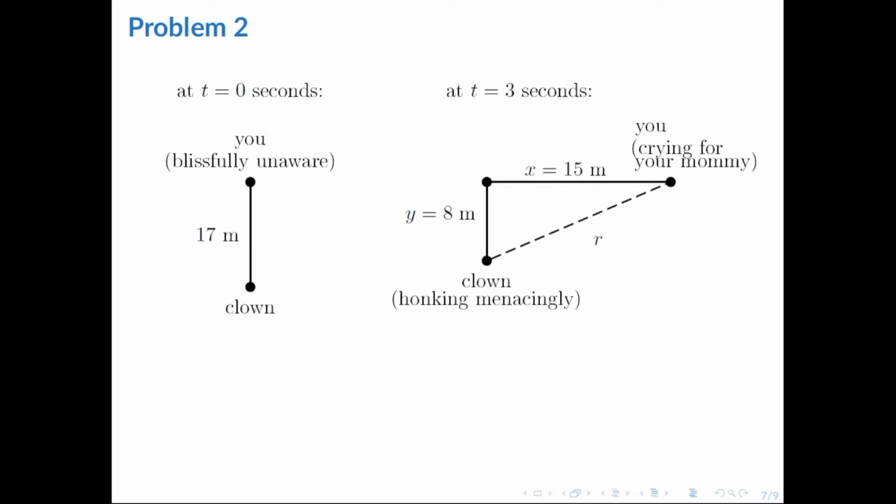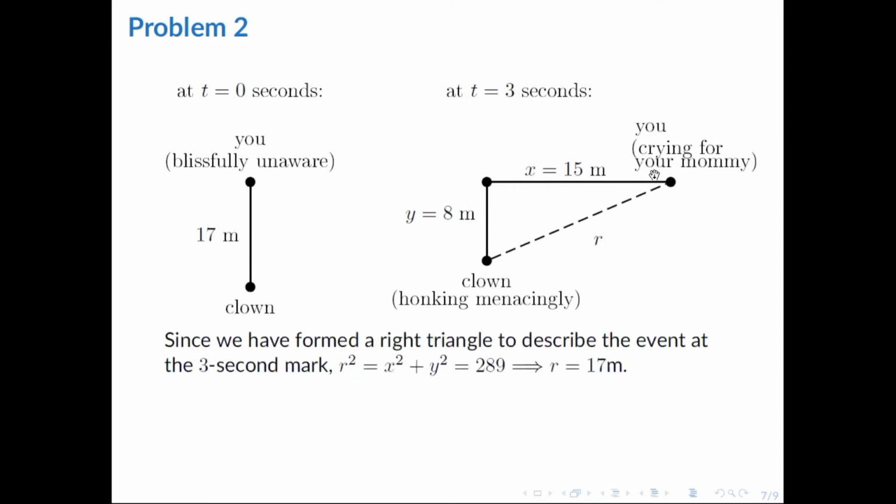Notice how this looks like a right triangle. And you are right. Using the Pythagorean theorem, we can easily solve for our 3-second mark. So r squared is equal to x squared plus y squared, which is equal to 289, which means that r is equal to 17 meters.